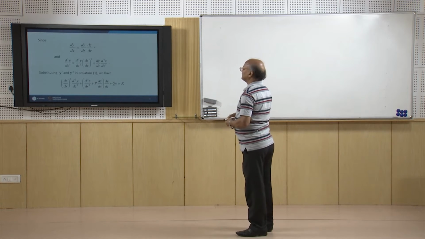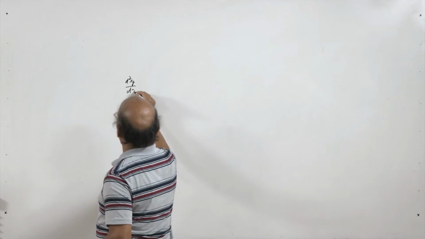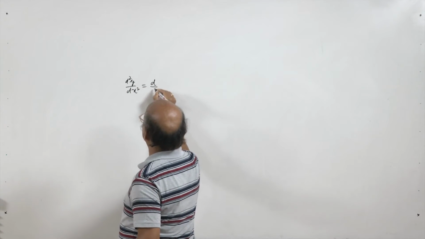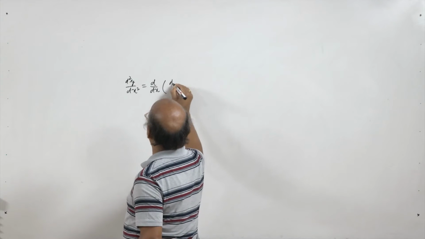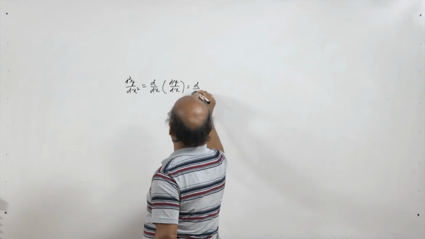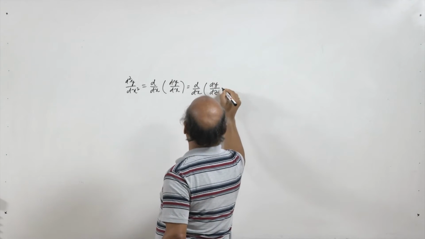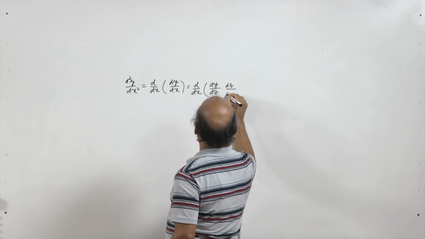Since x is related to z, we can write dy/dx equal to dy/dz into dz/dx, and d²y/dx². If you find d²y/dx², then d²y/dx² will be equal to d/dx of dy/dx, which is equal to d/dx of dy/dz into dz/dx.